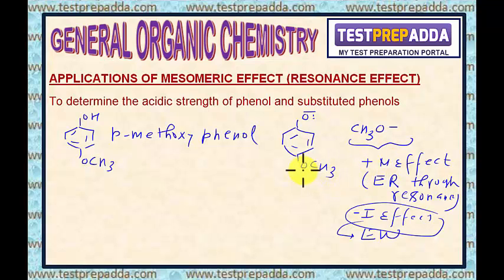So this CH3O will shift the electron in this manner, and this way the electron density on oxygen increases. If I compare this oxygen with the normal phenoxide oxygen, here the electron density is more, so it is a stronger base, so its parent will be a weaker acid as compared to the normal phenol.